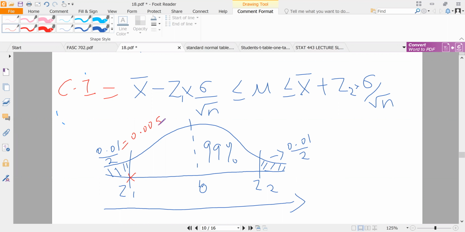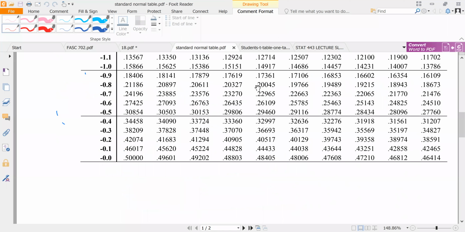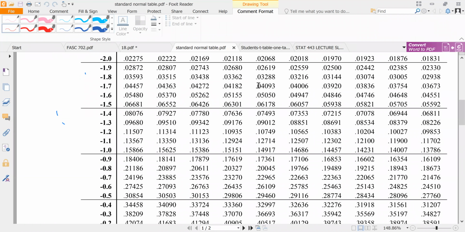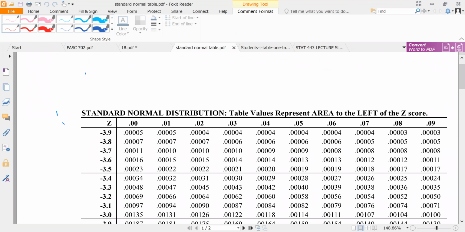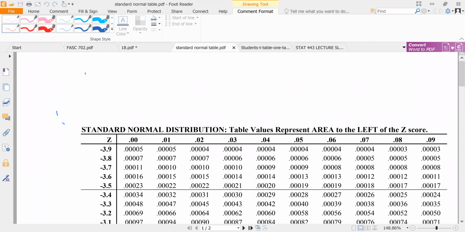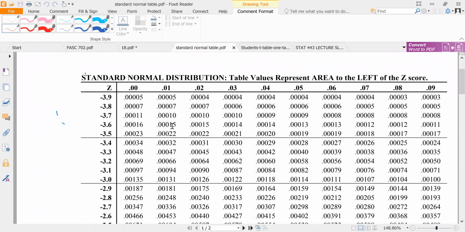So this is how our standard normal tables look like. Whatever we have inside these quantities that are 0 point something, all those are probabilities.